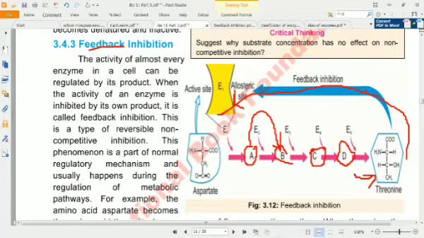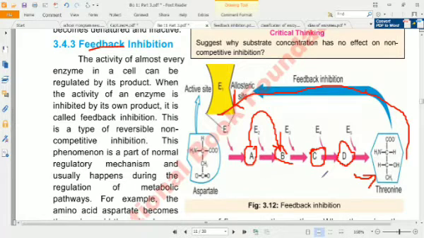So when the allosteric site is busy, the active site will not be able to bind any substrate. So the production of threonine from aspartate is stopped, because there is enough threonine present in the body.